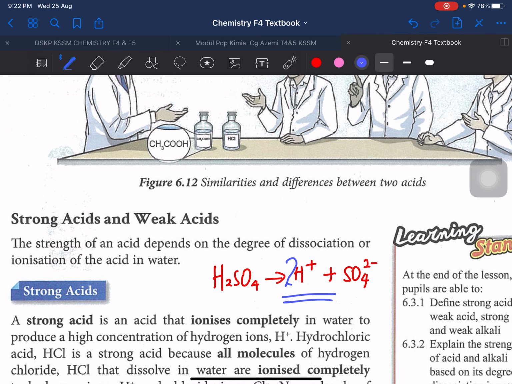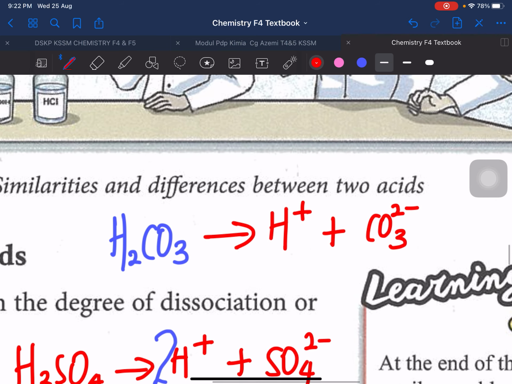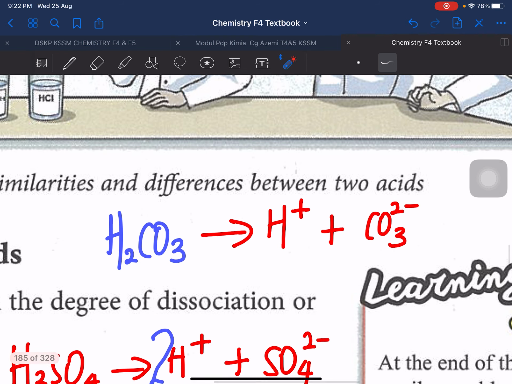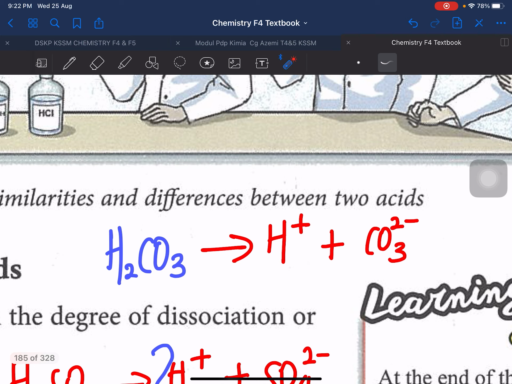Okay, I would like to discuss one more, H2CO3. This is called carbonic acid. So how to do the dissociation equation is like this. It is going to dissociate to become H plus and also carbonate ion. Okay, so many of you thought that, ingat, sangkakan bahawa ini adalah diprotic. Sebenarnya ini bukan, ini adalah monoprotic.